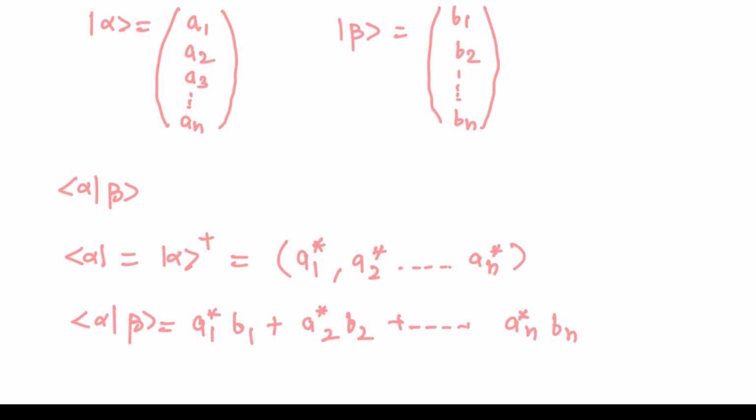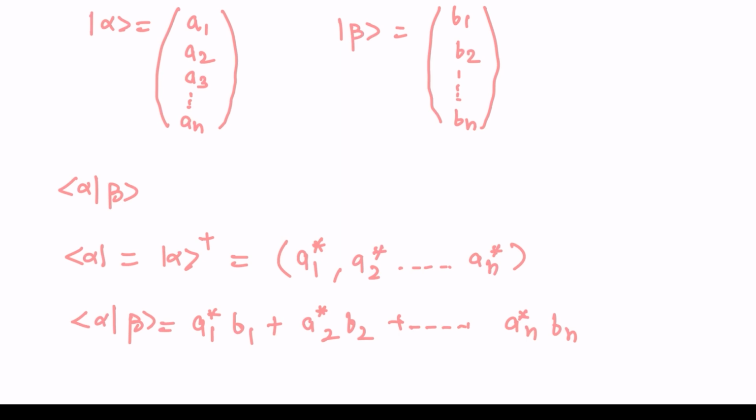If the basis in which you're writing your vector is orthonormal, then the dot product becomes this. And if your basis is not orthonormal, then your inner product would not be very neat, so it's always good to have an orthonormal basis.